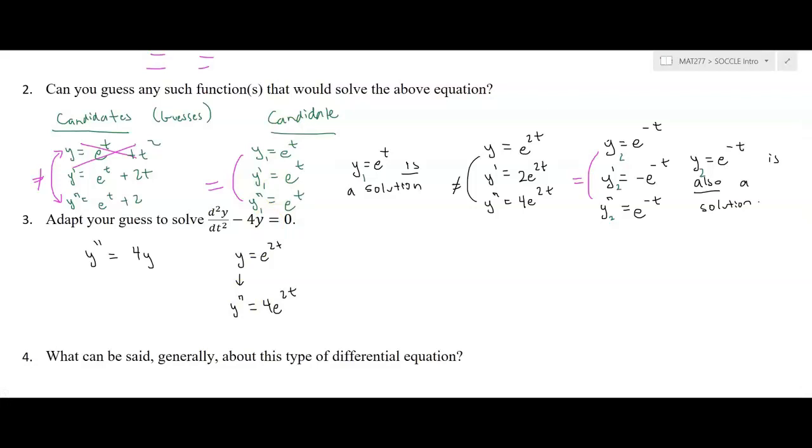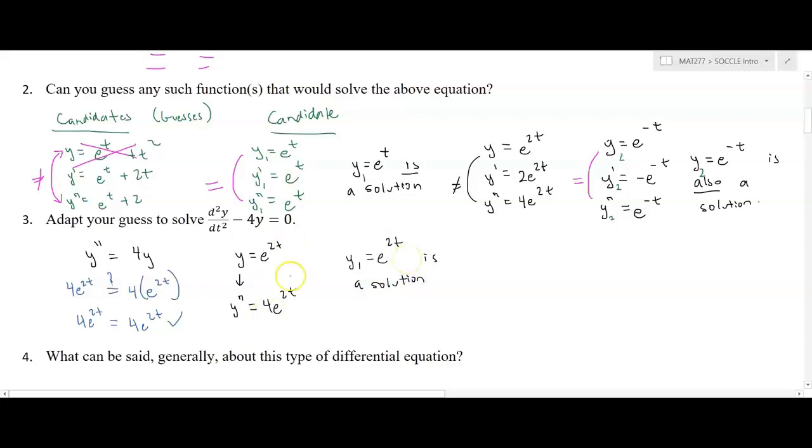If I now substitute these in to see if they're equal, and by the way, checking second order solutions is exactly the same process, is that equal to, question mark, 4 times y, which is e to the 2t? Well, 4e to the 2t is in fact equal to 4e to the 2t, and therefore y1 equals e to the 2t is a solution.